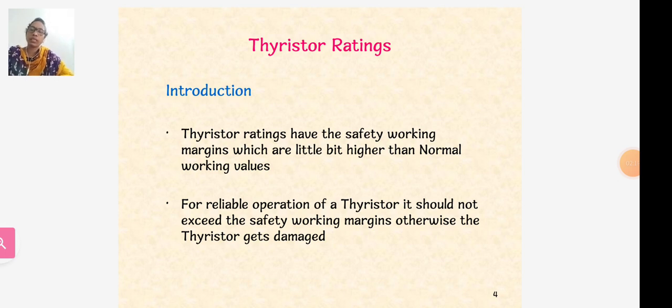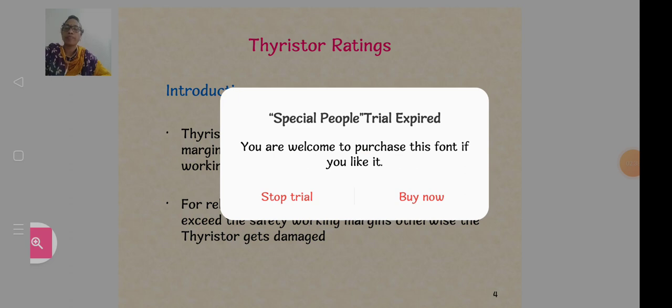The thyristor ratings have safety working margins which are a little higher than normal working values. For reliable operation, the thyristor should not exceed the safety working margins, otherwise the thyristor gets damaged.